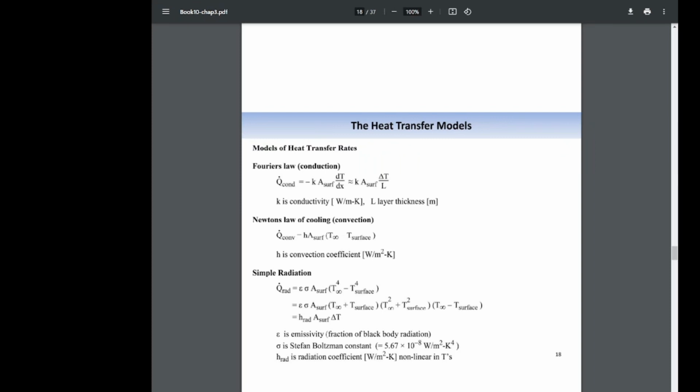Then simple radiation can be simplified down to a radiation coefficient times the surface area times the change in temperature.